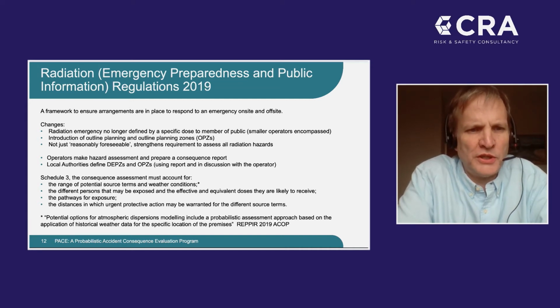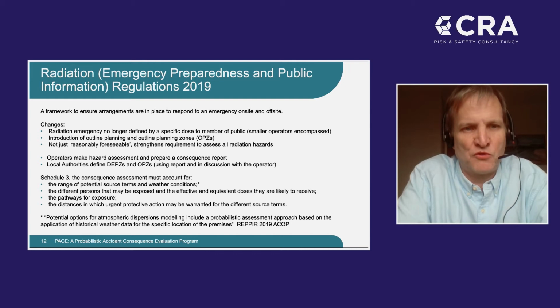So it's Schedule 3 that's of interest to me and to PACE, and particularly this first one. The consequence assessment and the consequence assessment report must account for a range of potential source terms and weather conditions.